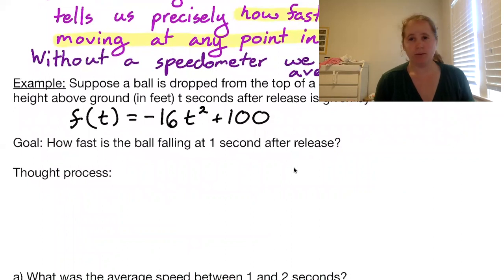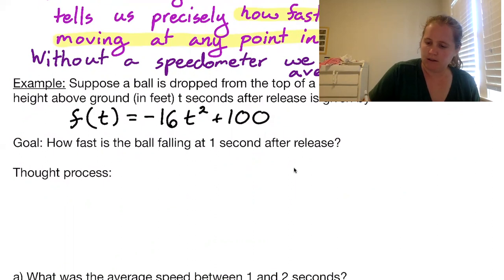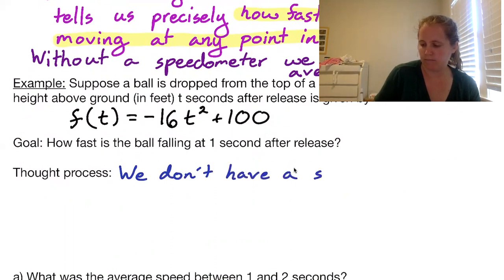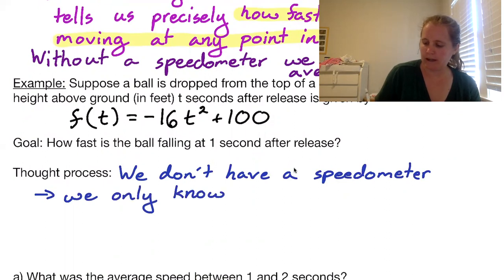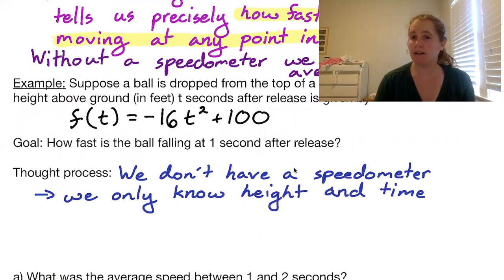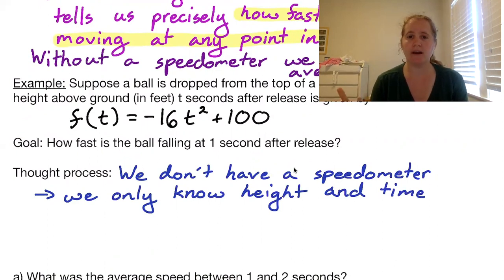So our thought process here: we don't have a speedometer, right? We only know location and time. Which means at this point, we only know height and time. So at any given time after release, we can figure out the height of the ball.